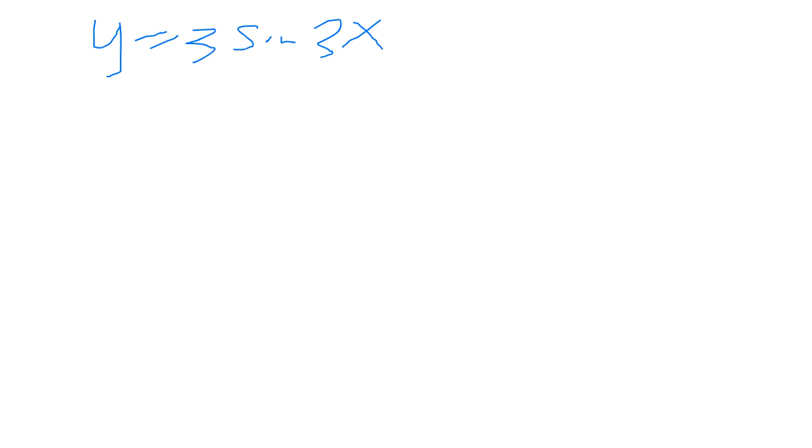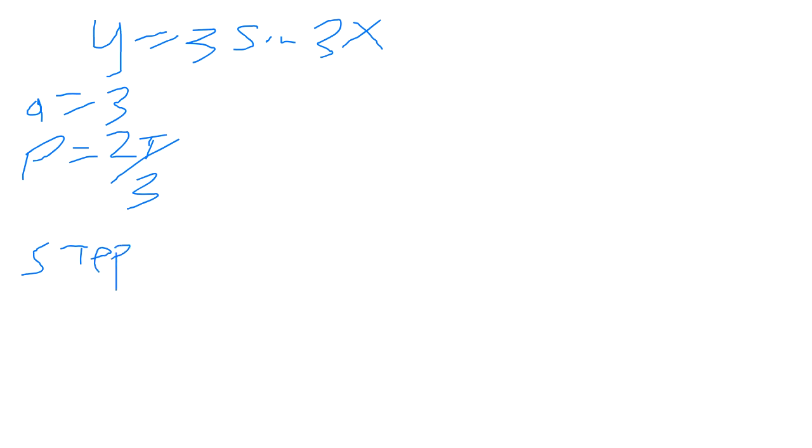Then we know that our amplitude is 3, our period is 2 pi over 3, our step is pi over 6, and our phase shift is 0.